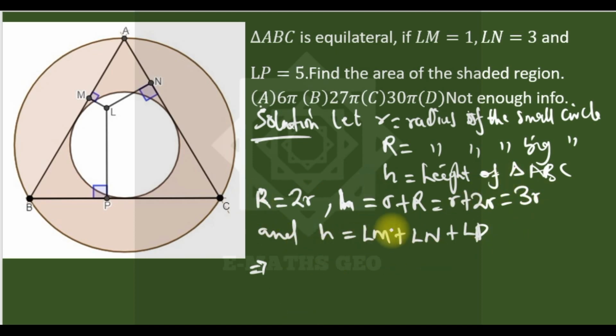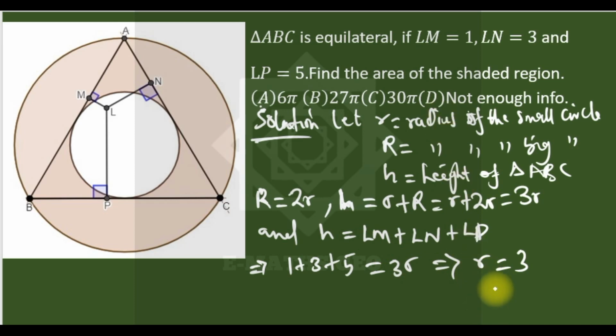So H is the sum of these, which is 1 plus 3 plus 5. And also H is the same as 3r. So we can easily see that this is 9, 3r is 9, so r is 3. The radius of the small circle is 3.